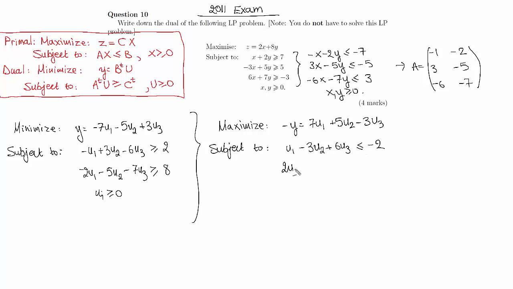And then 2u1 plus 5u2 plus 7u3 is less than or equal to -8. And again, ui is greater than or equal to 0. So this is going to be our final answer. And since we do not need to solve the problem any further, this is all we need to do, and it's nice and easy.